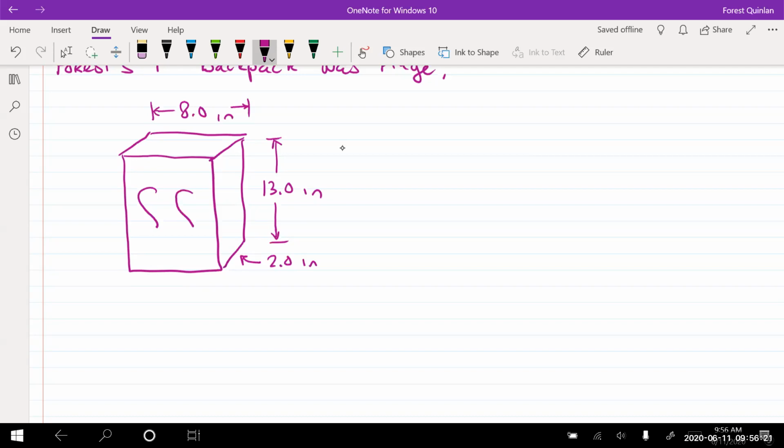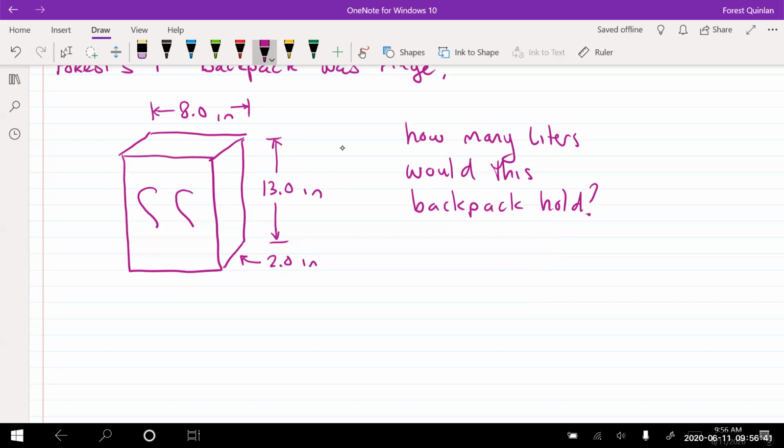So my question is, how many liters is this? How many liters would this backpack hold? 208.